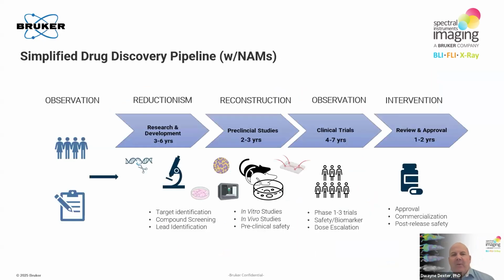So now if we start to layer in NAMs in our research workflow, we can see that NAMs are playing a critical role across the early and preclinical phases of research. Developing, as I said, patient-centric cell lines or disease-specific cell lines or organoids is improving the efficacy of drug response.